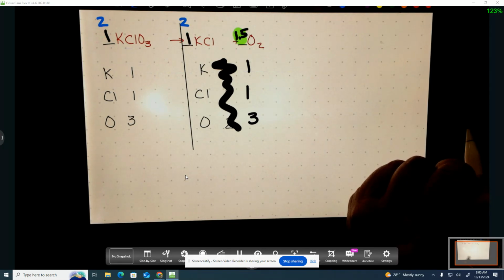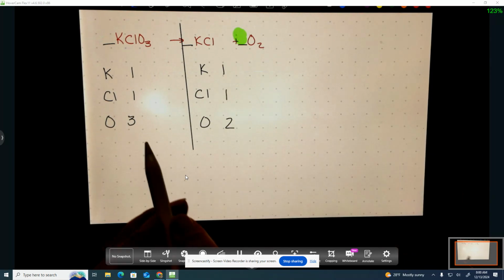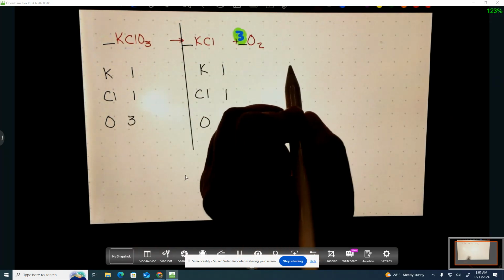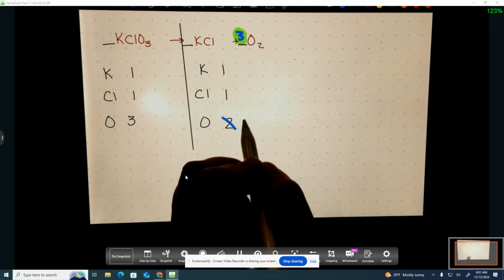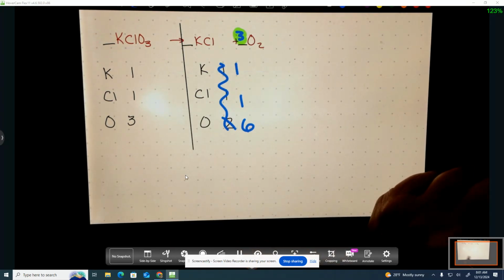The other way that we could have done this, just for fun, to show you the same thing, we could say to ourselves, self, I have a 3 and a 2. If I multiply this by a 3, this will give me 6. These numbers don't matter anymore.